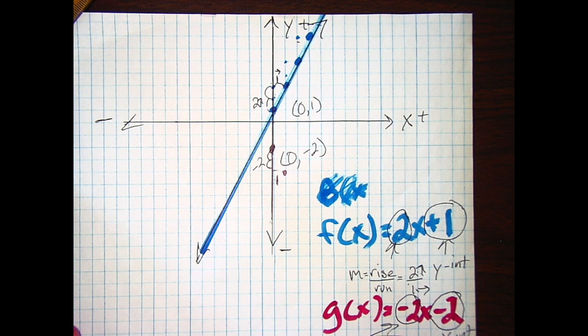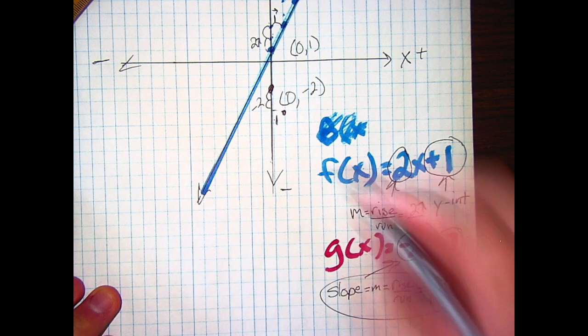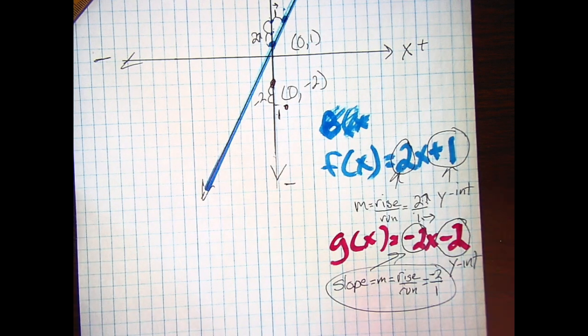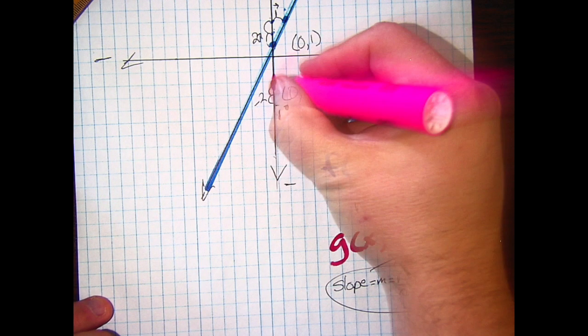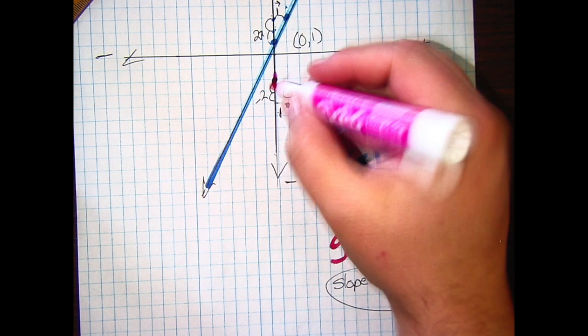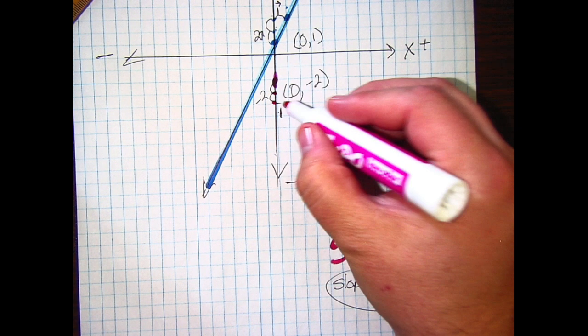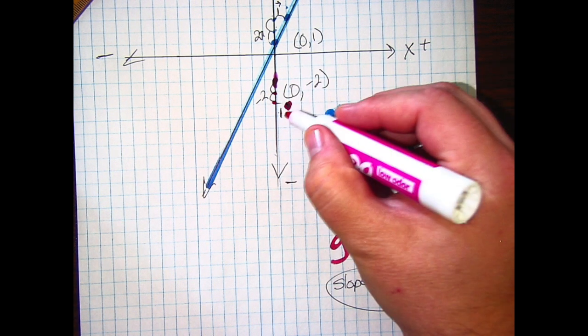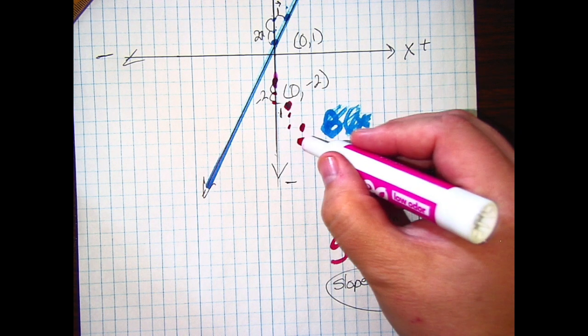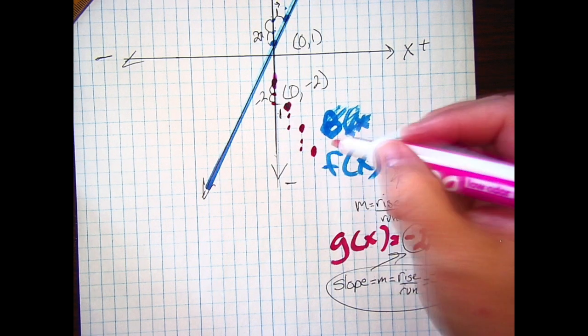So because my slope is negative 2 over 1, I'm going to go down 2 over 1. I'm going to start here. This is 1 point on the line. Then I'm going to come down 1, 2, and then go over 1. From that point, I'm going to go down 2, and then over 1.